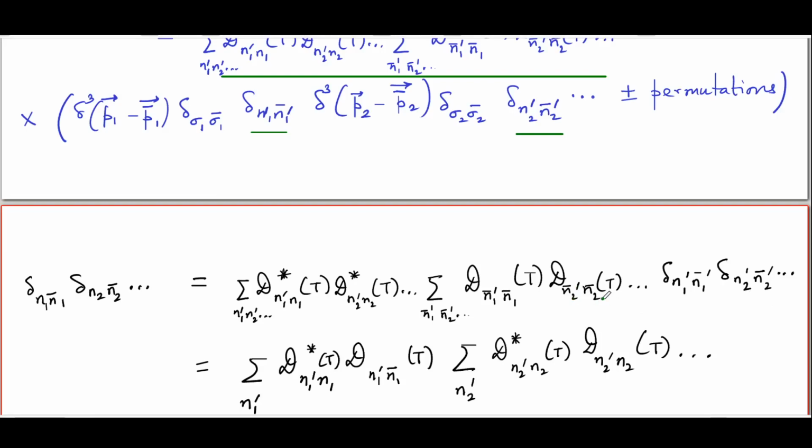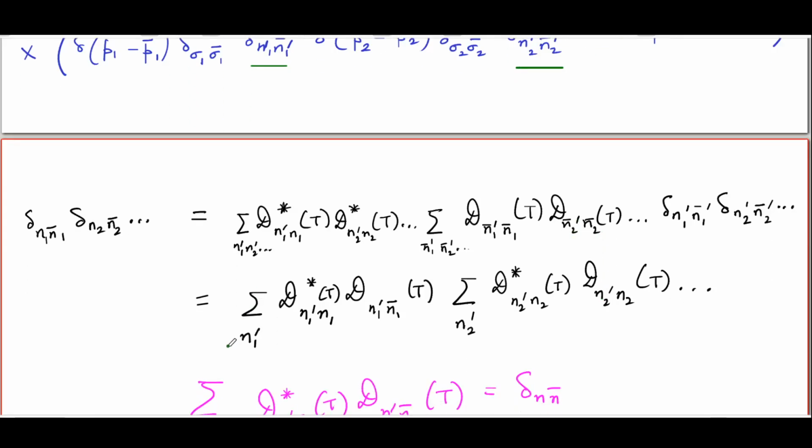And so, this summation essentially becomes a sum over n1 prime of curly D star n1 prime n1 t coming from this term, times curly D of n1 prime n1 bar of t, where this n1 bar prime has been replaced by n1 prime because of this summation over n1 bar prime. And similarly, we have another expression with n2 primes summed, with a sum over n2 prime and so on.